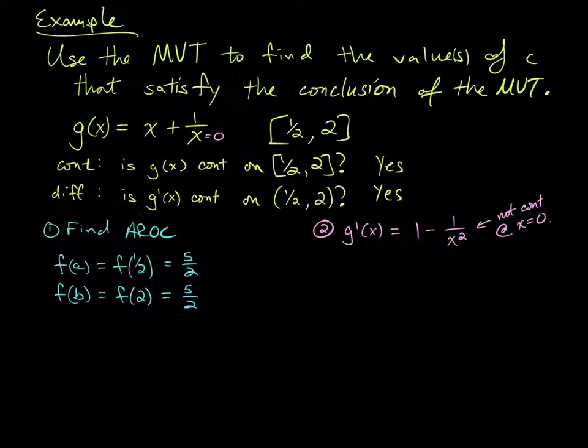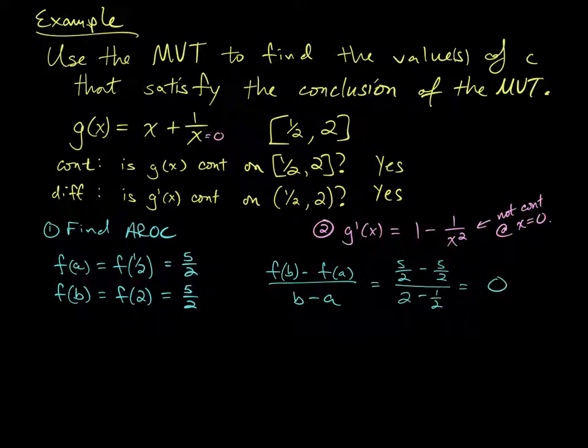So what we are looking for essentially is the slope between a and b. We can find f of b minus f of a, all over b minus a. So that is 5 over 2 minus 5 over 2, over 2 minus 1/2, which is 0.